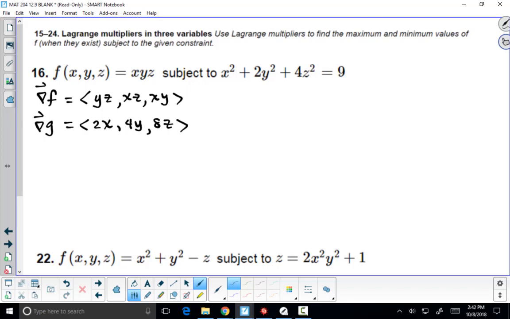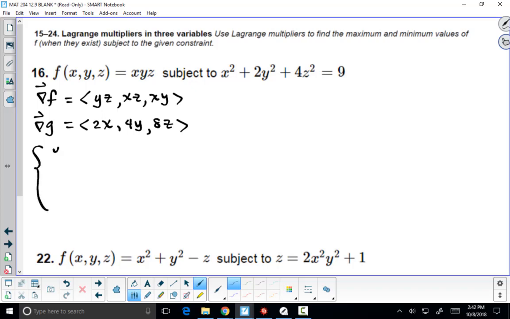Can you see that without writing out g is equal to? Set g equal to just the left side, that's sufficient. You can ignore the constant. And then we write del f equals lambda del g, so we're going to create a big system here.